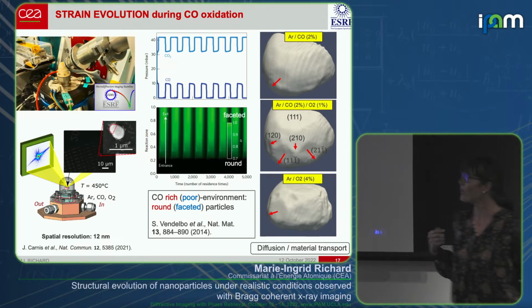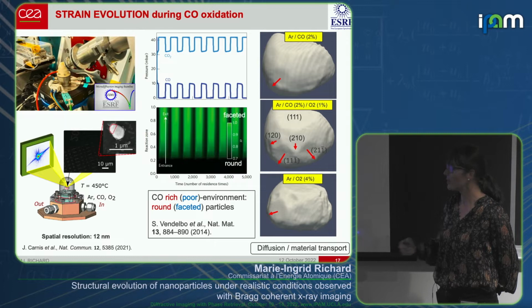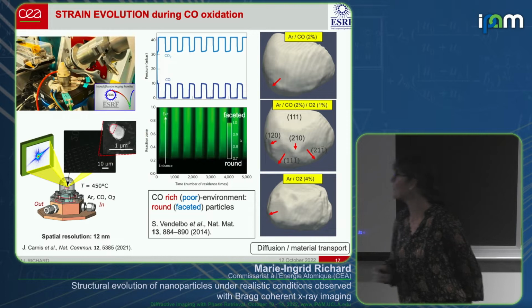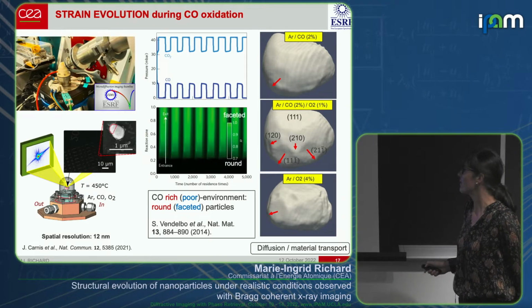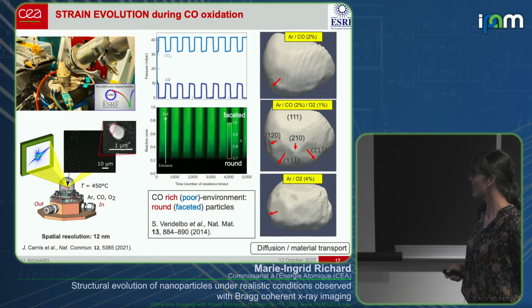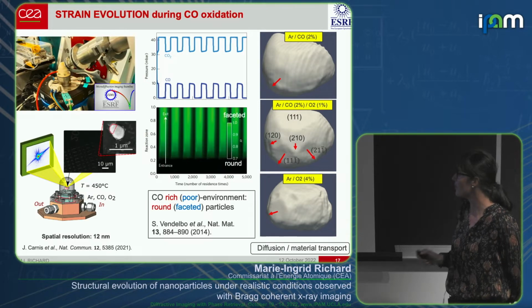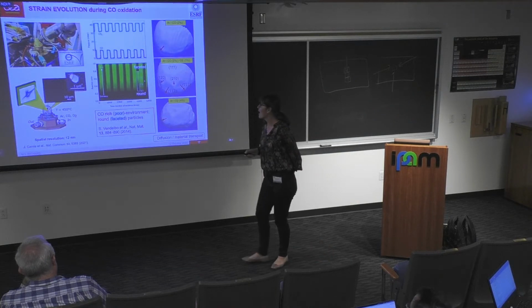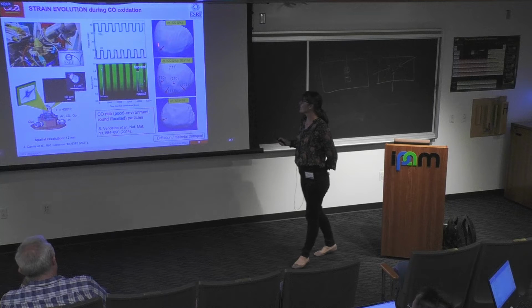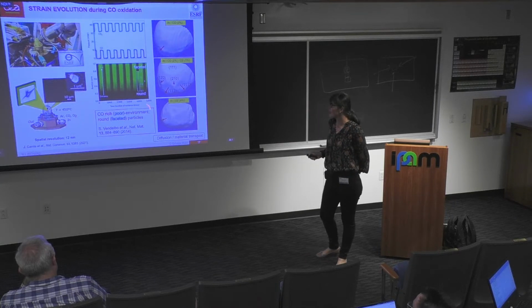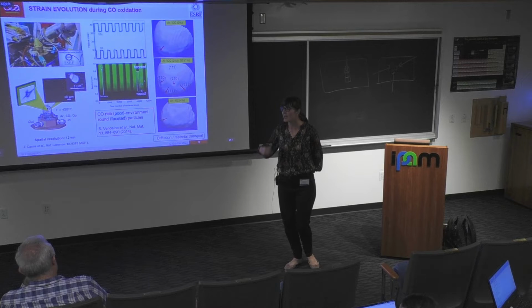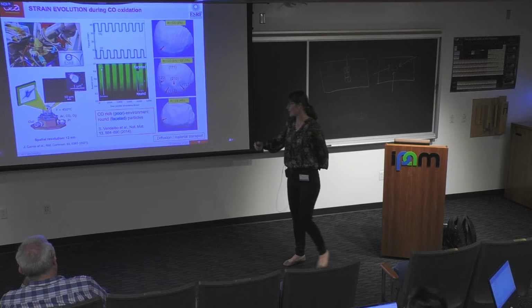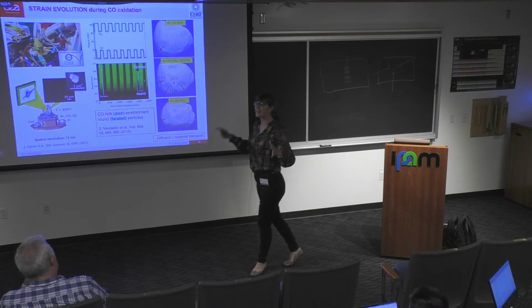If we compare with work done with transmission electron microscopy, they observe that in a CO-rich environment, like here, the particle is round like ours, and in a CO-poor environment, when flowing oxygen, they observe faceted particles. So we also observe faceting as they do in transmission electron microscopy, but here it's with bigger particles.